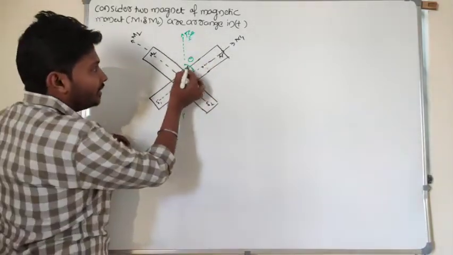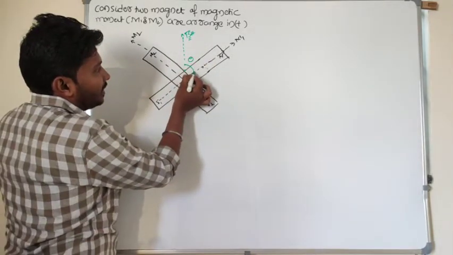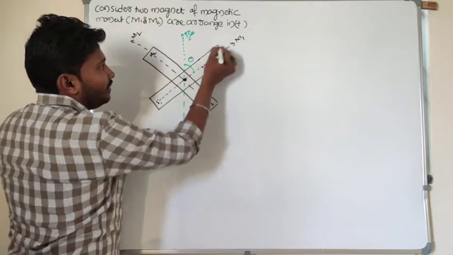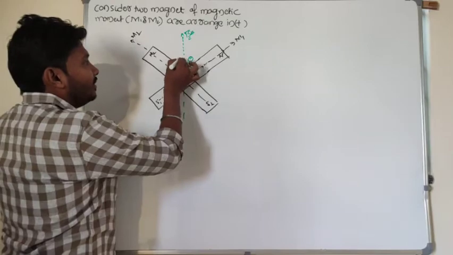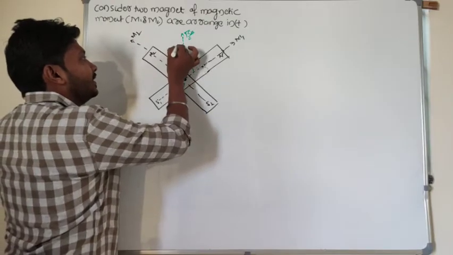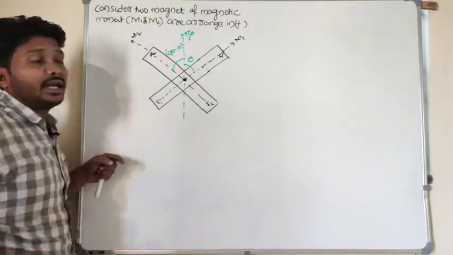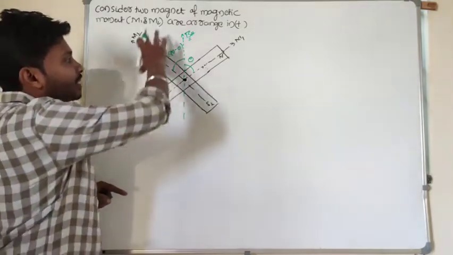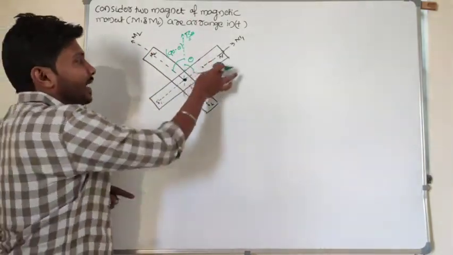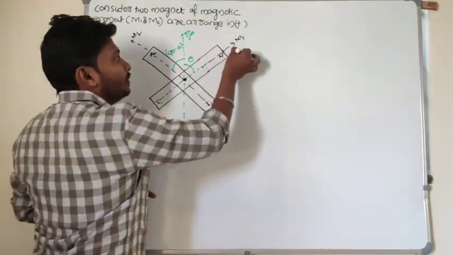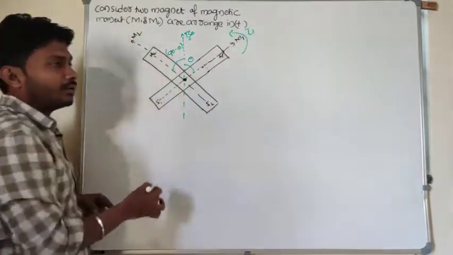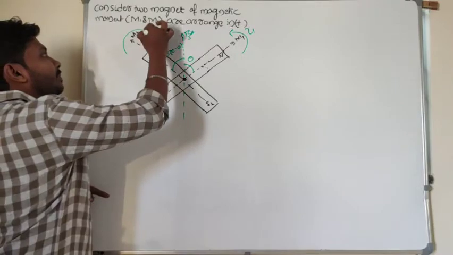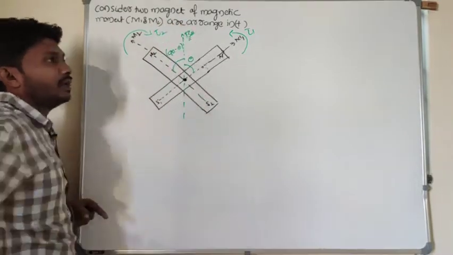The angle between earth magnetic field and magnetic meridian of the first magnet, that angle is theta, and the remaining angle will be 90 minus theta. Then torque acts on these magnets here. Torque acting on the first magnet is in this direction, and torque acting on the second magnet is in this direction.